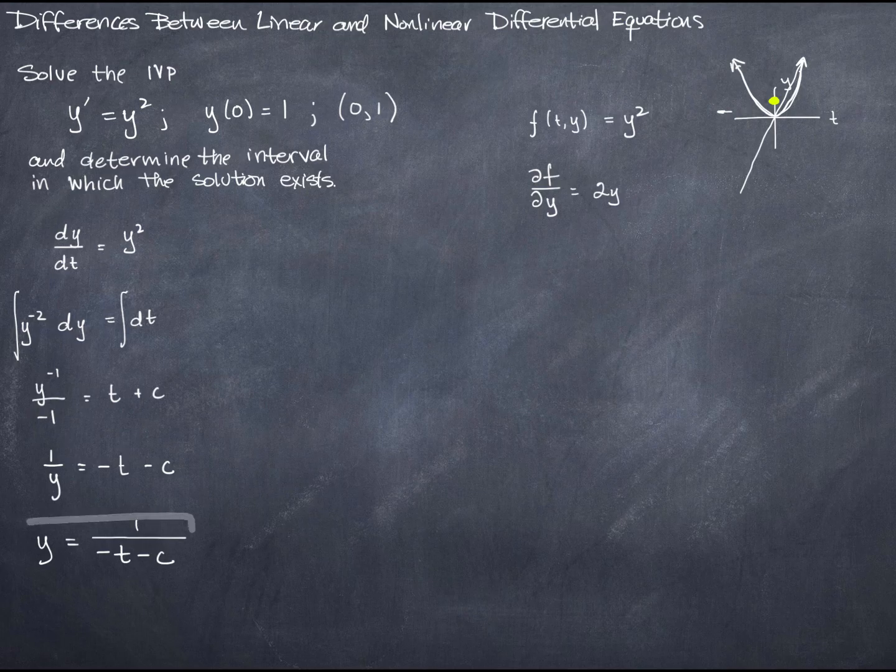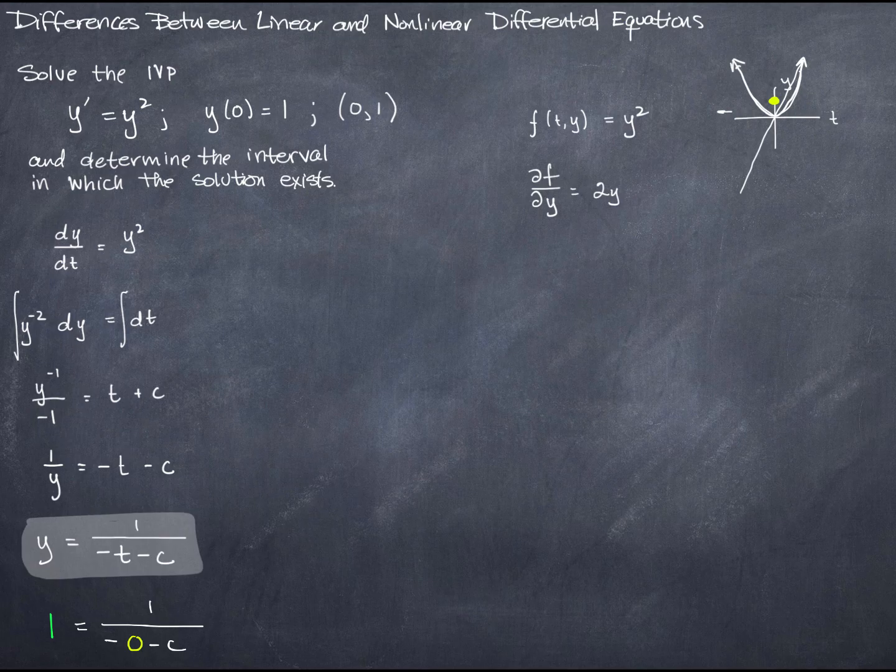Let's go ahead and highlight that. That's the general solution to this differential equation, but I've got initial conditions. So let's go ahead and apply the initial conditions. The initial conditions are that when t is 0, when I plug a 0 in there, I get for y, I get 1.